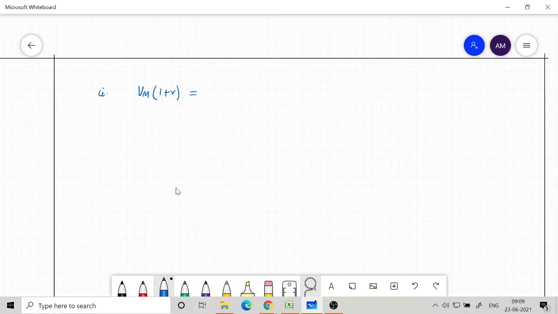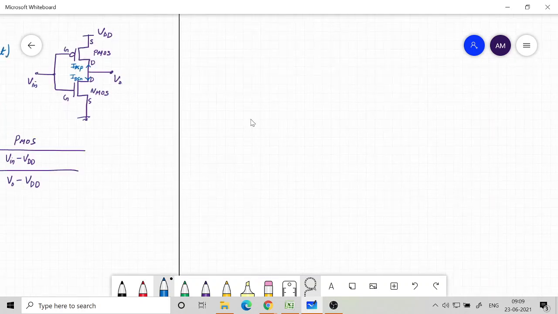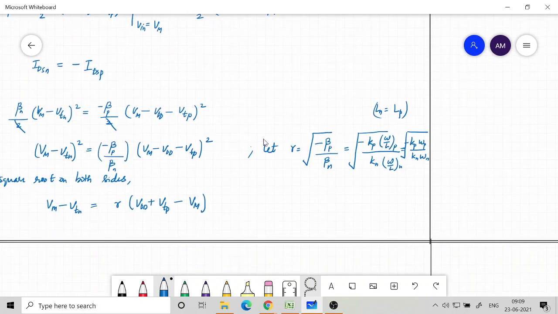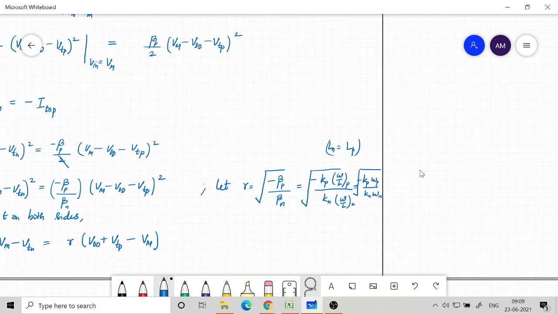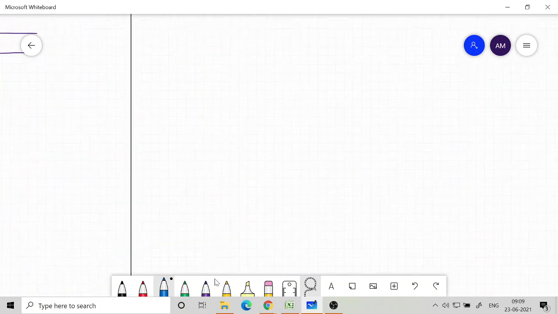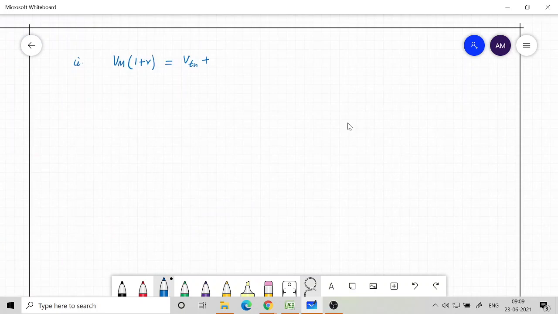What is it equal to? We can take the Vtn to the other side. Then what are the other things which are there? We have VDD plus VTP into R. Therefore, finally we get the expression that we were looking for.